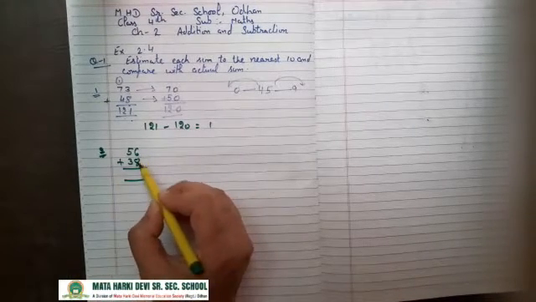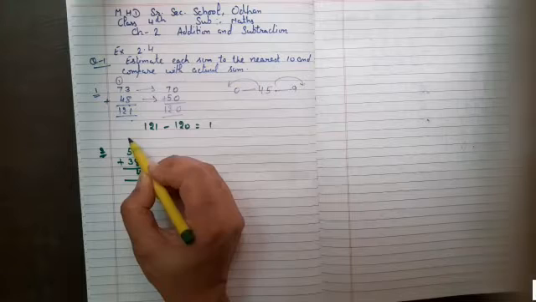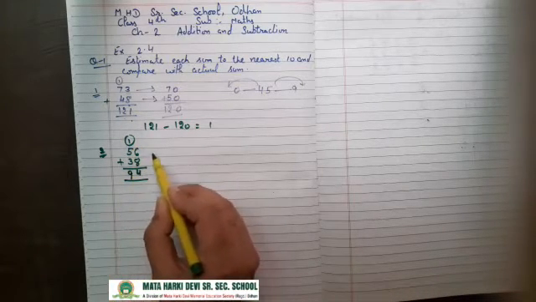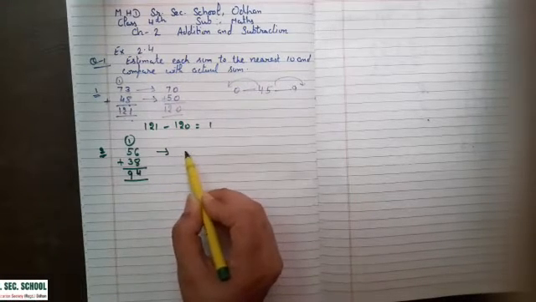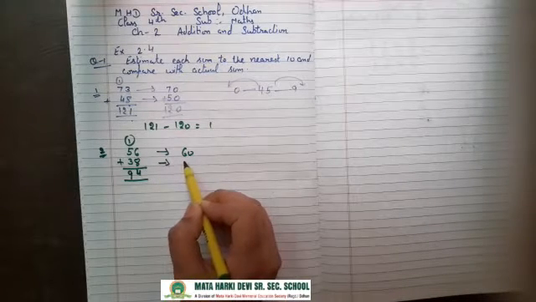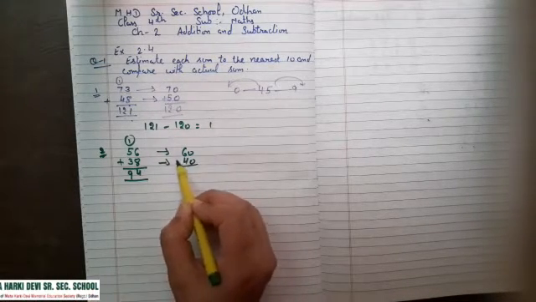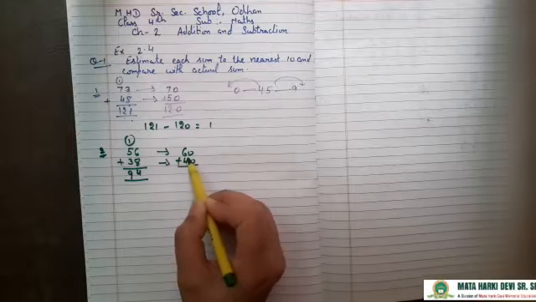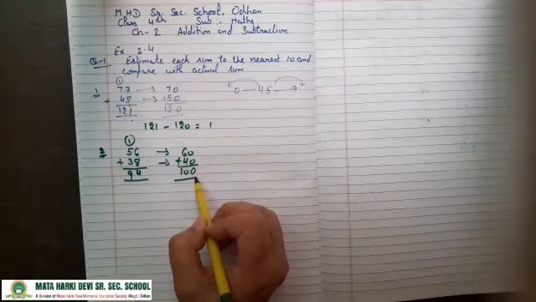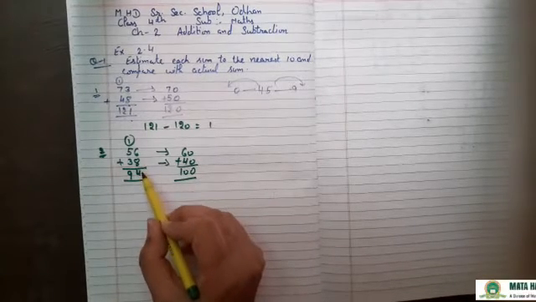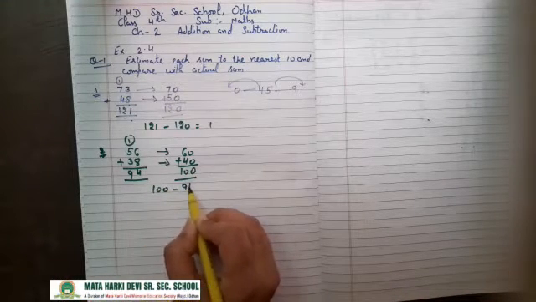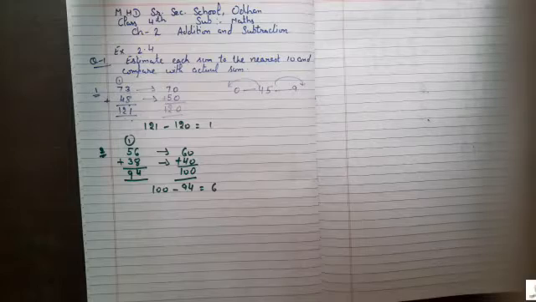Actual sum: 8 plus 6 is 14, 4 and 1 carry, 5 plus 1 is 6, 6 and 3 is 9. 56's nearest 10 is 60, and 38's nearest 10 is 40, and if we add these, 0 and 0 is 0, 6 and 4 is 10, nearest 10 sum is 100 and actual sum is 94. The difference is 100 minus 94 is equal to 6.